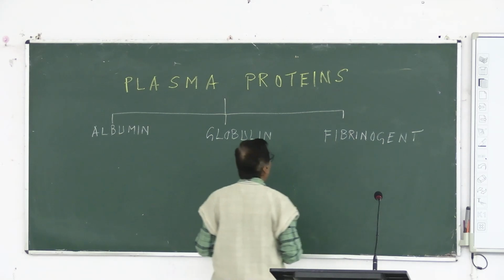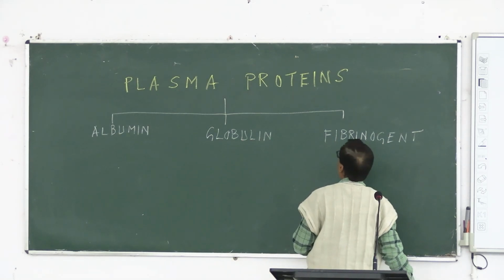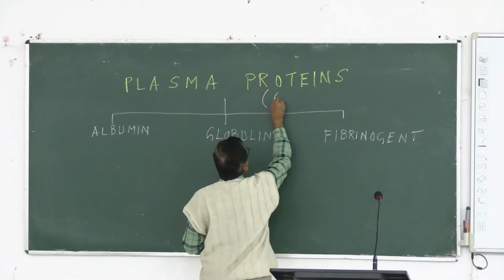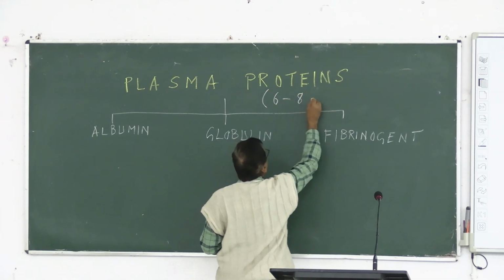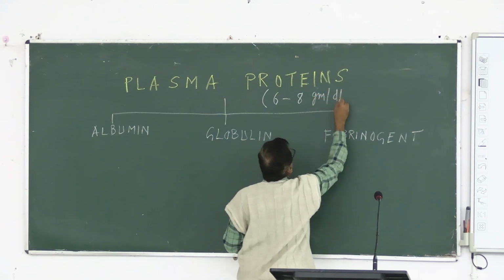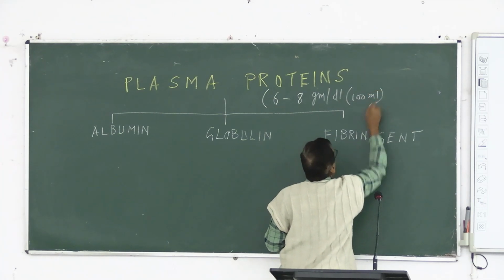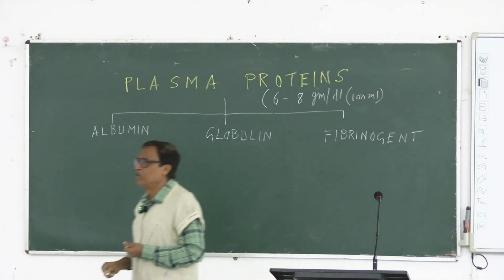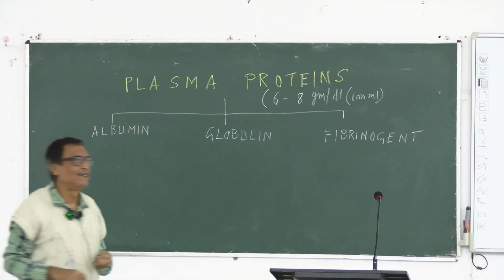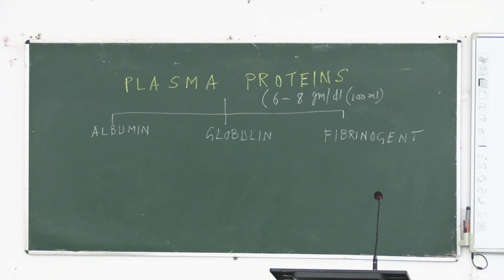Now I will describe the concentration. What will be the concentration? Total plasma protein is 6 to 8 gram per dl. dl means 100 ml. 1000 ml is a liter. So 6 to 8 gram per dl and 60 to 80 gram per liter are the same.